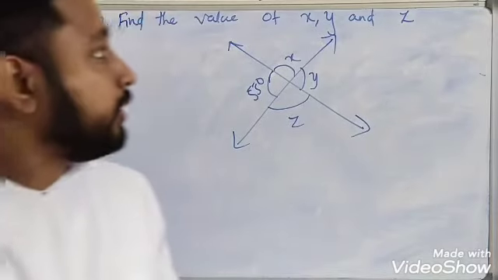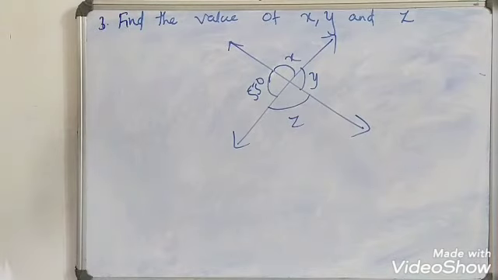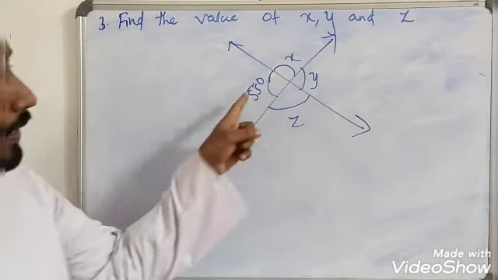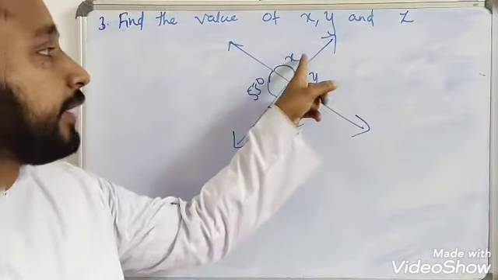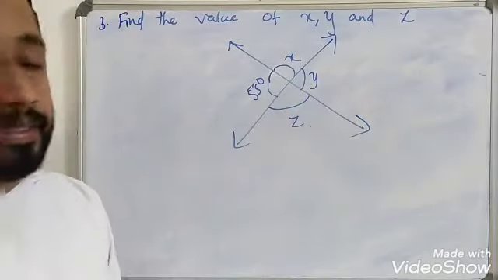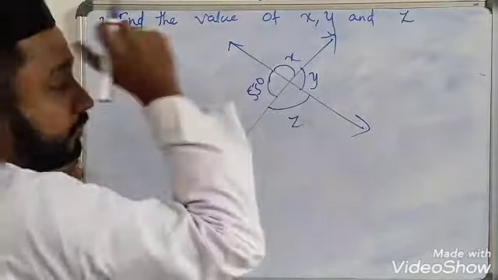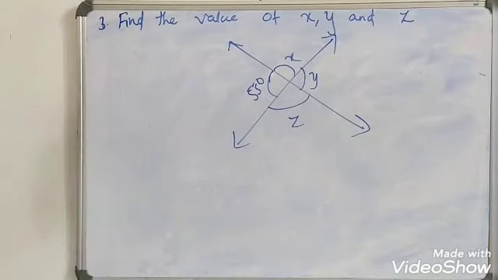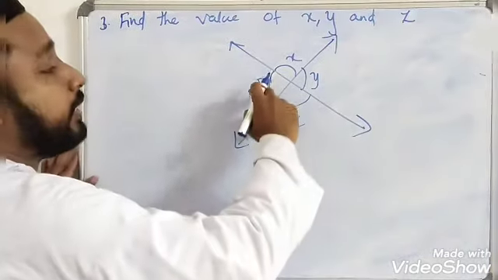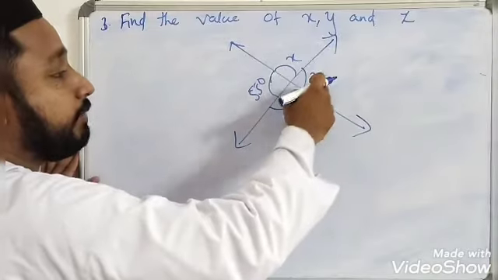Let's consider one question. Find the value of x, y and z in the figure. Here we have 55 degrees, here x, here y, here z. We know these two lines intersect, and we have four angles: 55 degrees, x degrees, y and z degrees.